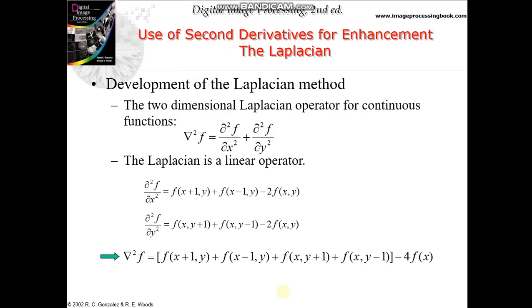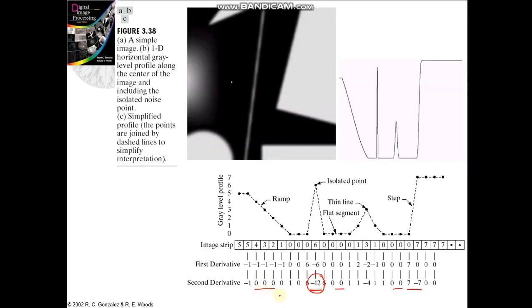Now, how to utilize the second derivative for designing a Laplacian filter? See, in this example, we can see along the ramp function, the second derivative is 0. In a constant area, it is 0. So in a constant area and slope, it is 0.